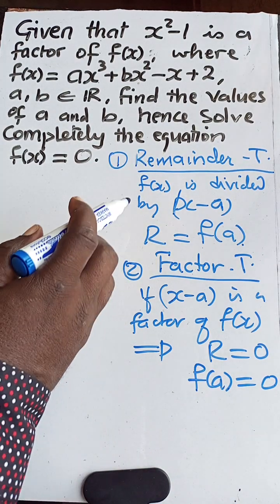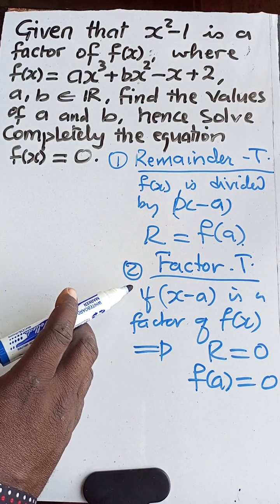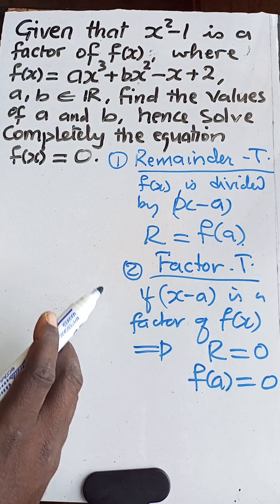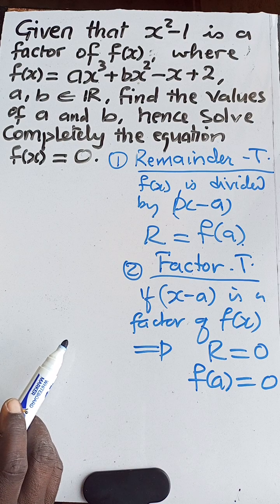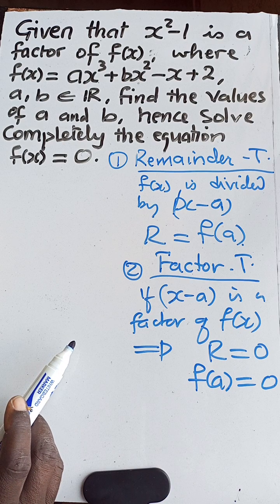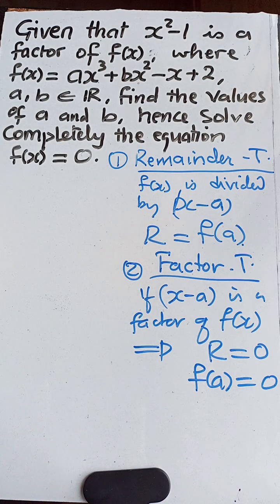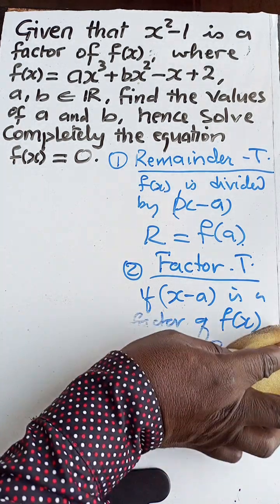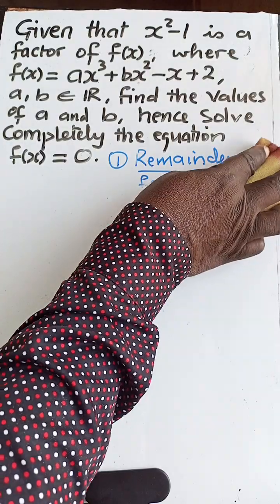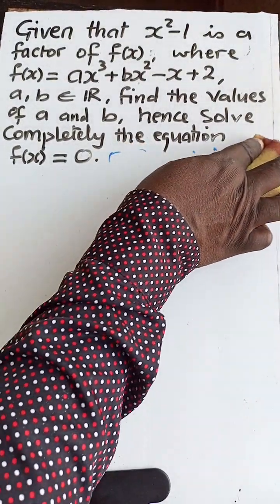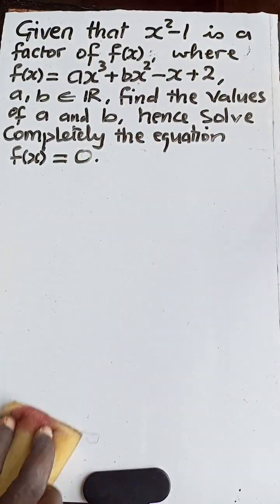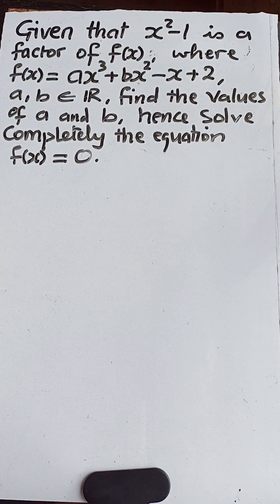So these two theorems, and most especially the second one, the factor theorem, is what we are going to need to be able to solve this polynomial question. All right. So after revising this theorem, now let us get into the question.